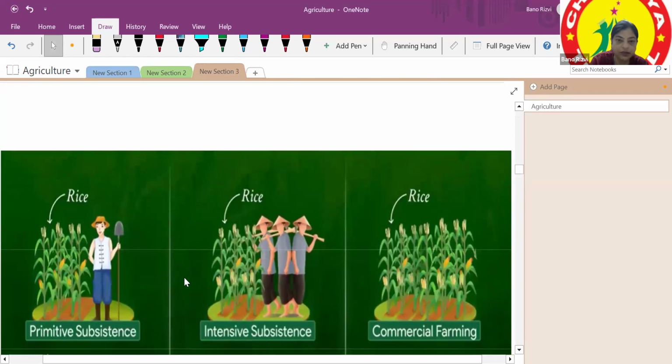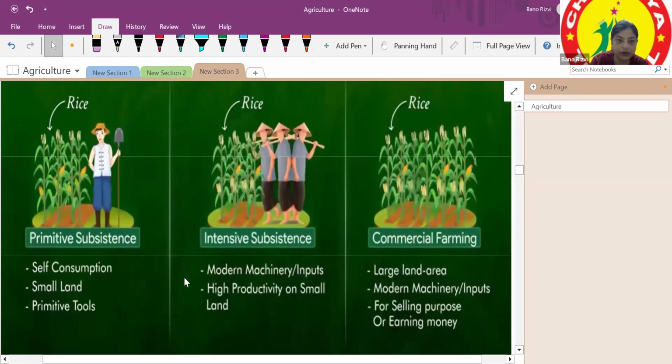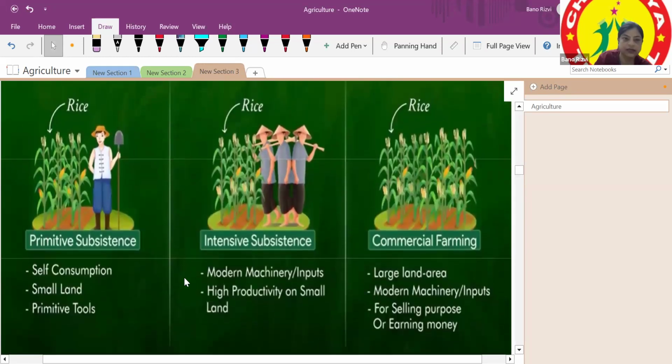Let us do a small comparison. In primitive subsistence farming, rice is grown for one family and used for self-consumption. It is often done on small land, and primitive tools are used.